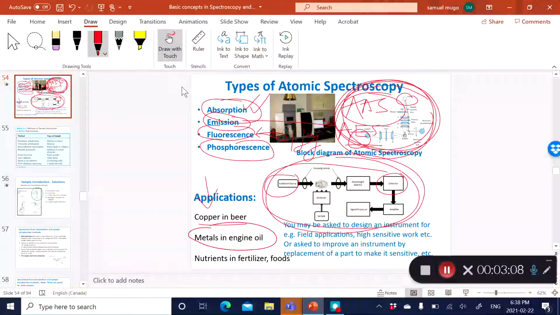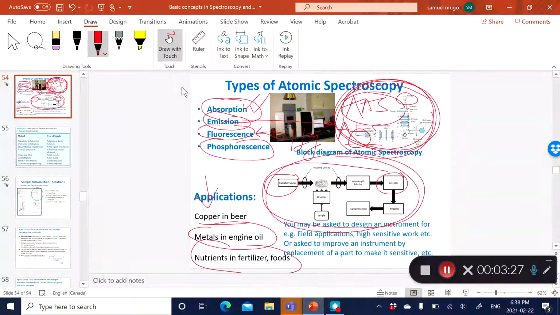You can also do detection of metals in used engine oil, a very common way of determining how well your engine is running just by looking at the heavy metals present in the engine oil. You can look at different types of nutrients in soil, in fertilizers, in foods. But the key is, of course, we are dealing with elements in this case.